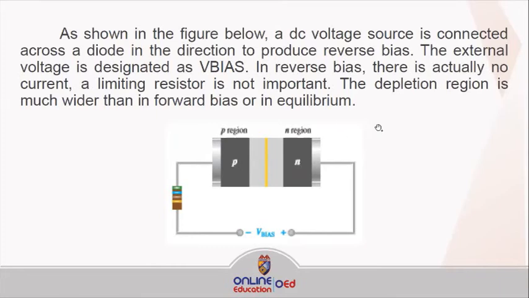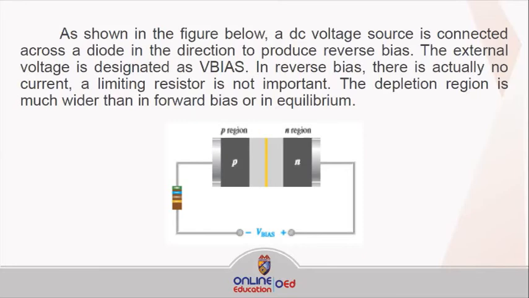The external voltage is designated as V bias. Okay, ito yun. Then in reverse bias, there is actually no current. Okay, since no current yan, the limiting resistor is not important. Kahit hindi ka na maglagay ng limiting resistor dito. Kasi ang condition sa reverse bias is there's actually no current.